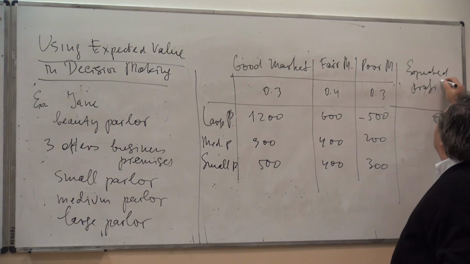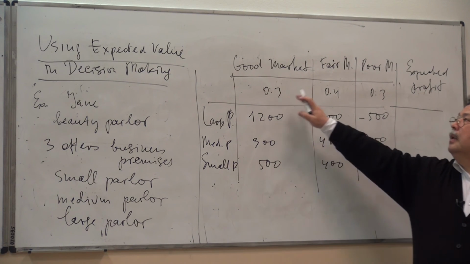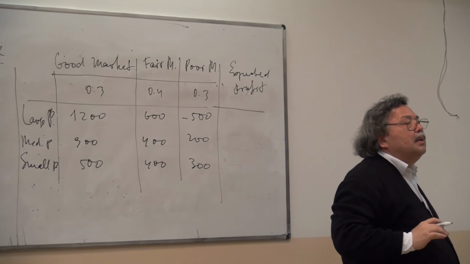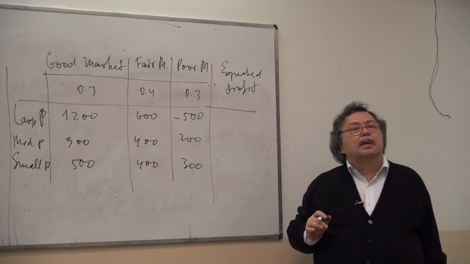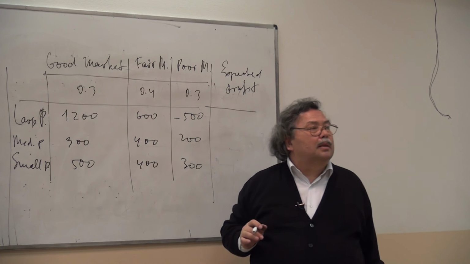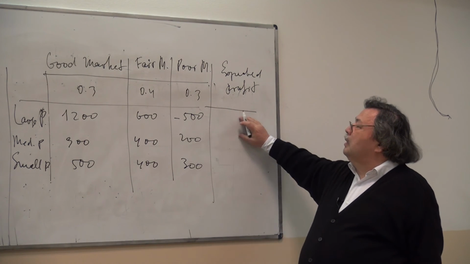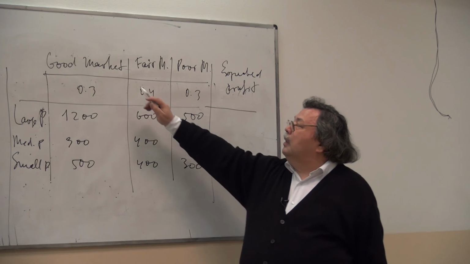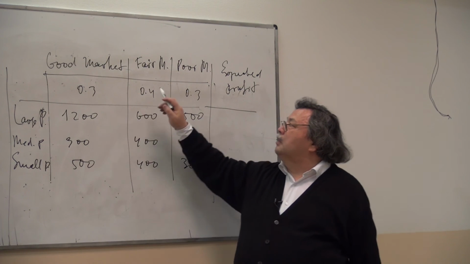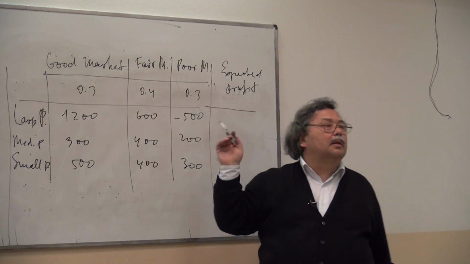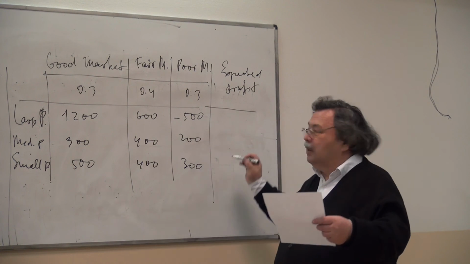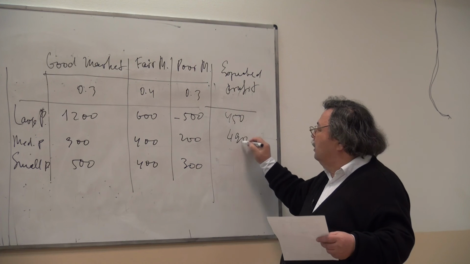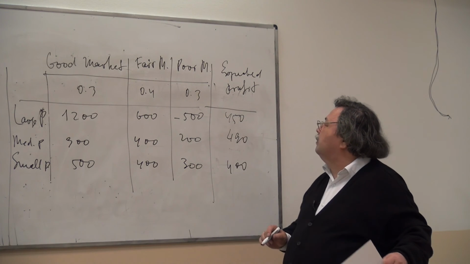Assuming that these expert estimates of probabilities of the various states of the market are sensible, what is the expected profit for this option here? It's simple enough. We multiply 0.3 by this, 0.4 by this, 0.3 by this, and add up. And this is what we get, 450. And we get 490 here and 400 here.